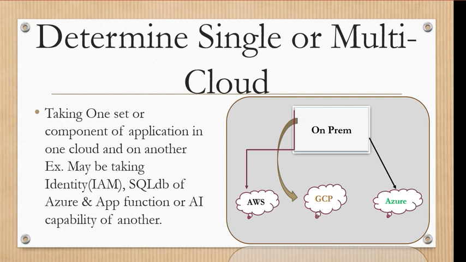So that is multi-cloud deployment. That is something we need to determine as the first thing. For example, let's say the customer says, hey, I want to use Azure AD services and identity management of Azure, or they may say, I want to use the AI capability of another cloud, and they want to use the DNS services or CDN services from yet another cloud.